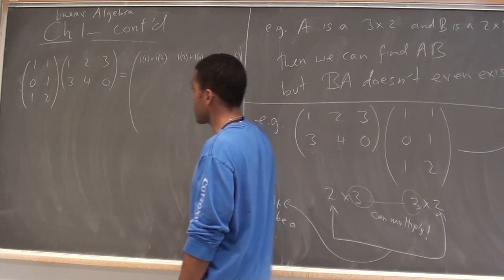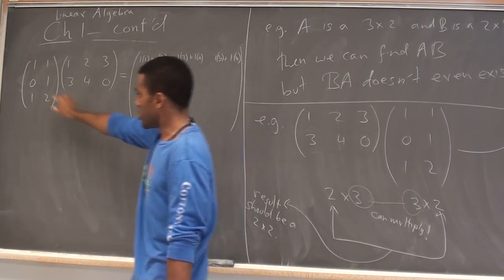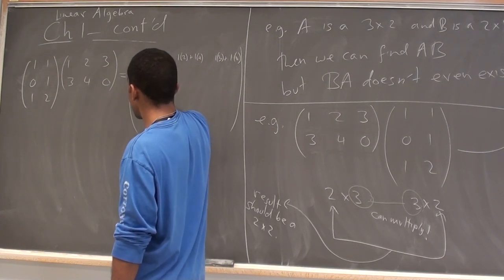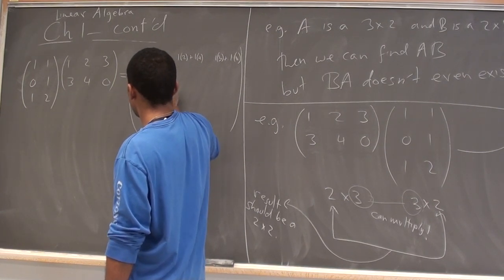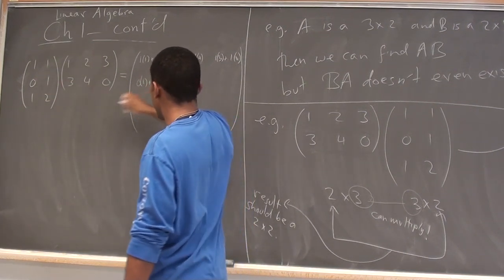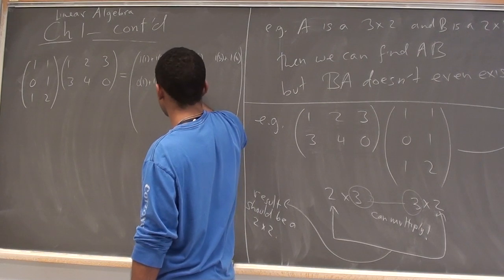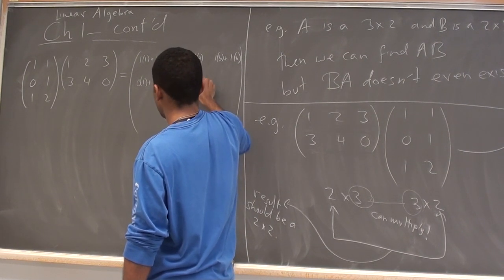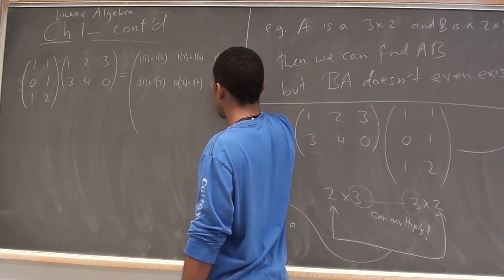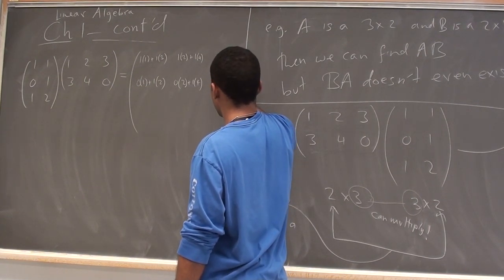Repeat the process with the second row. Take the second row times the first column, that gives you the first number in the second row. Second row times the second column gives you the second number in this row. So it's 0 times 2 plus 1 times 0. Second row times third column, 0 times 3 plus 1 times 0.